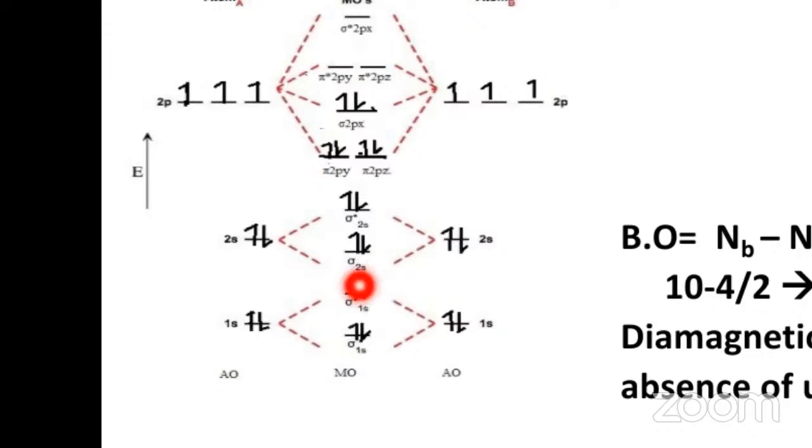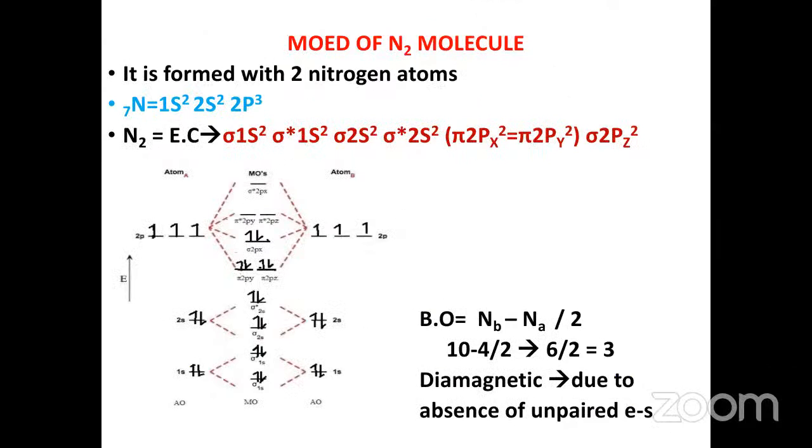Next 2 electrons enter sigma star 2s, the anti-bonding molecular orbital. Then in the 3 p electrons, one electron enters first pi 2py and then pi 2pz. The next electrons enter sigma 2px. This is the MOED of N2 molecule.